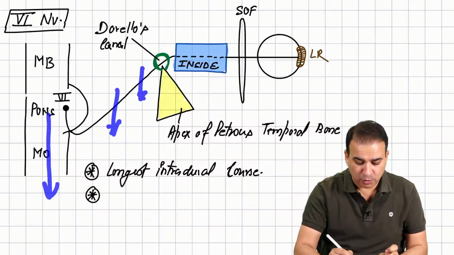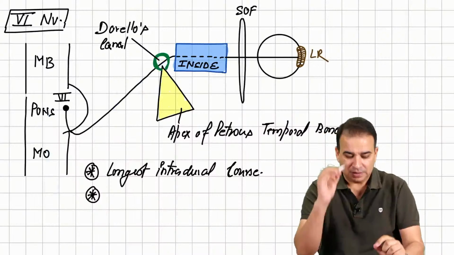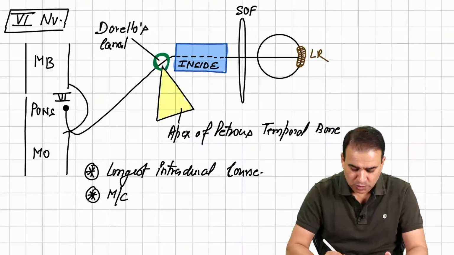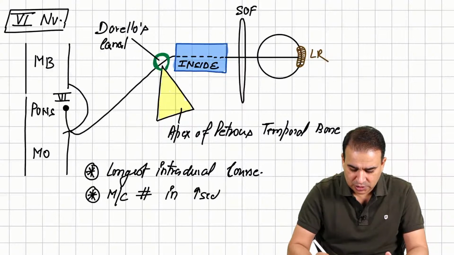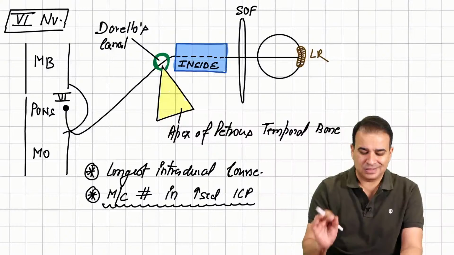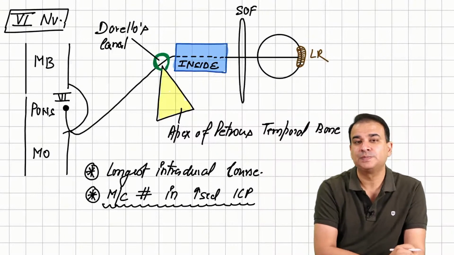And if the nerve is pulled down, it can get injured on the apex of the petrous temporal bone. That's why the sixth nerve is most commonly injured in increased intracranial pressure.